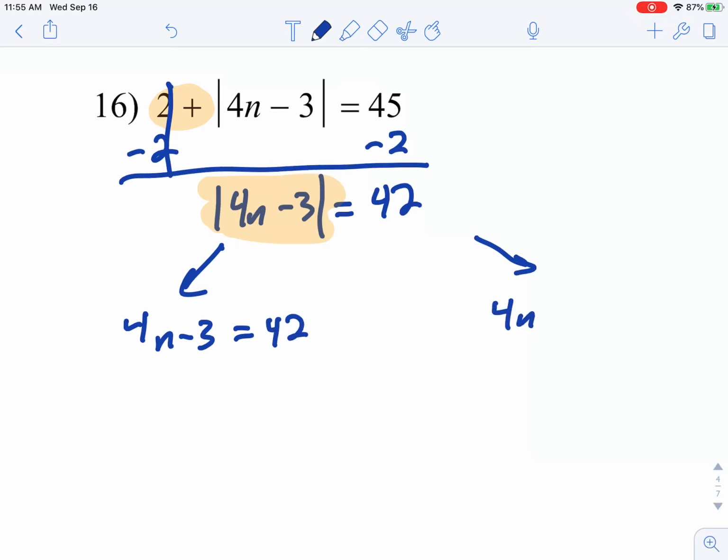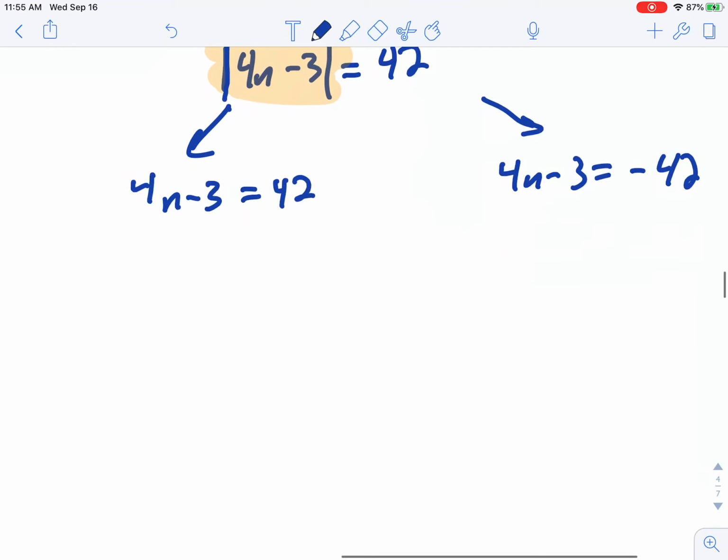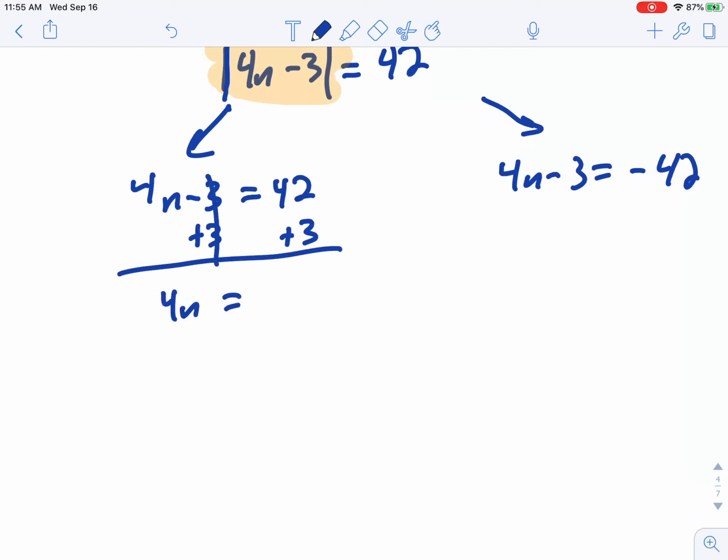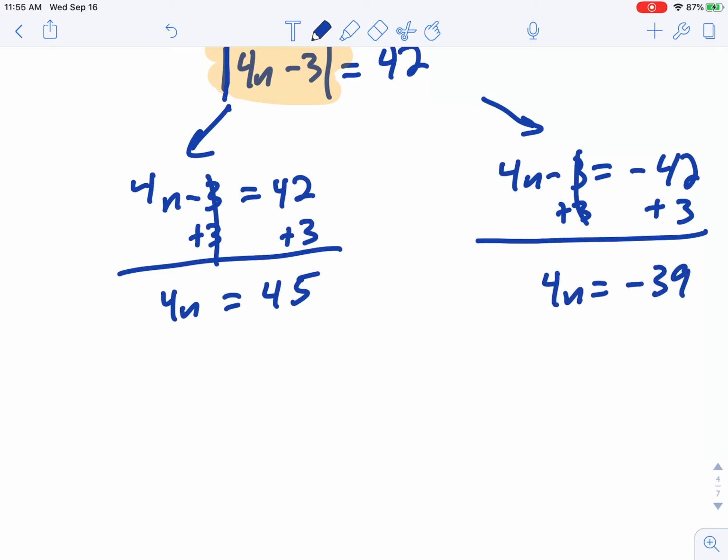And 4n minus 3 equals negative 42. One positive, one negative. Solve each one by doing normal algebra steps. So I get 4n equals 45, plus 3, plus 3. 4n equals, what is that, negative 39.